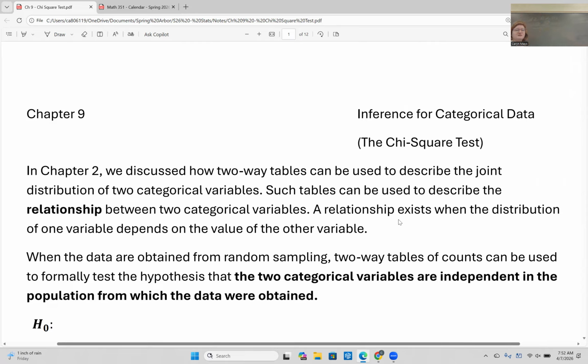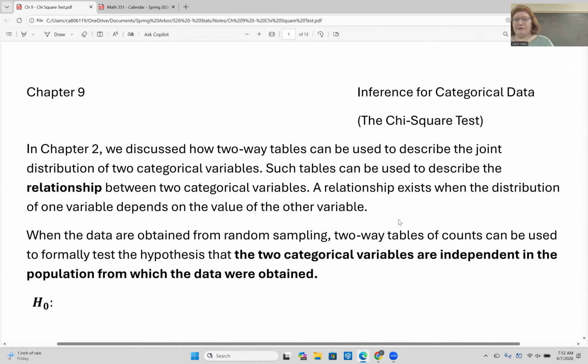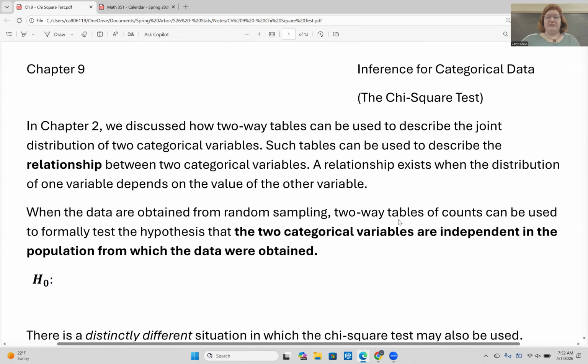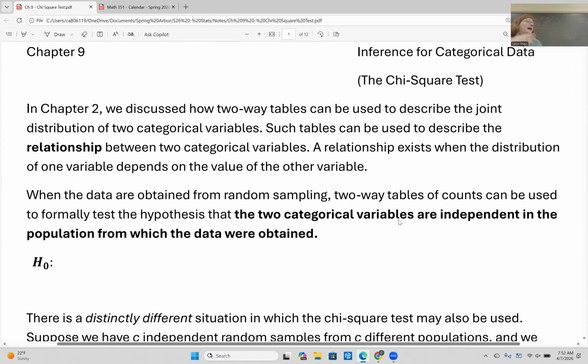A relationship exists when the distribution of one variable depends on the value of the other variable. And so when data are obtained from random samplings, two-way tables of counts can be used to formally test the hypothesis that two categorical variables are independent in the population from which they were obtained. We'll see a little bit more of that.